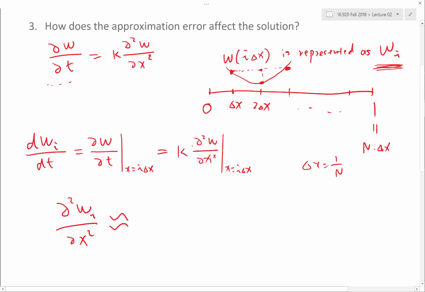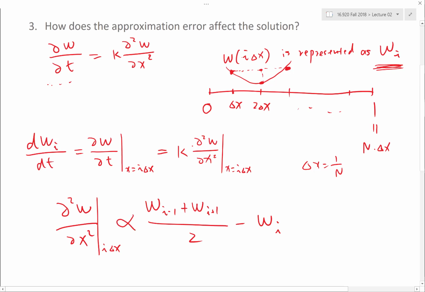Well, let's say at I delta x as the average between these two nearby points. So W_{i-1} plus W_{i+1} over 2 minus W_i. Now, this gives, well, I should say not just the approximate to, but the proportional to, right?